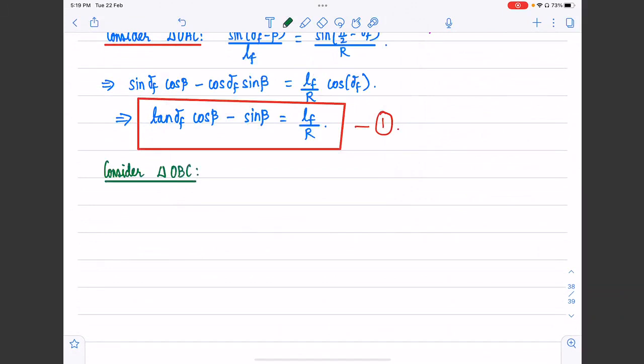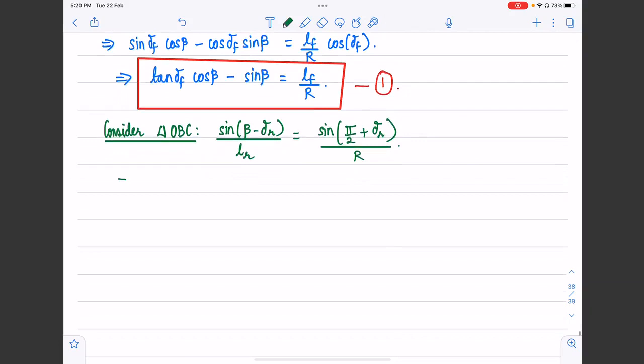If we consider triangle OBC, we are going to have sine of (beta minus delta R) divided by LR. That is going to be equal to sine of (pi/2 plus delta R) divided by capital R.